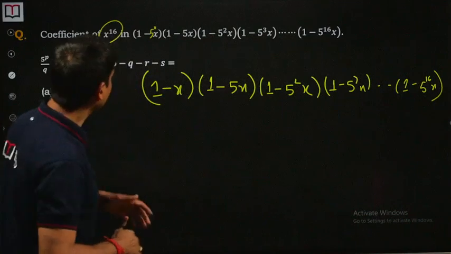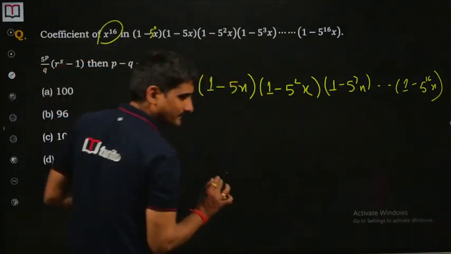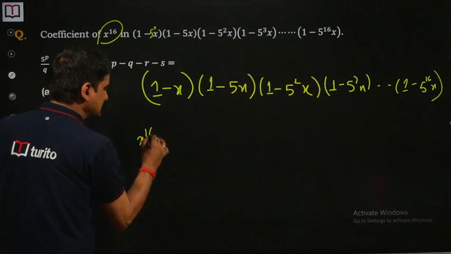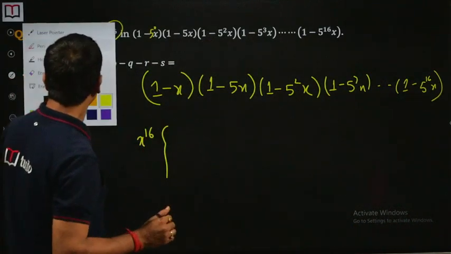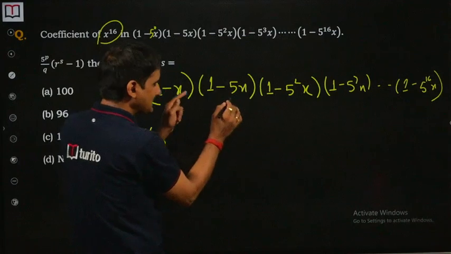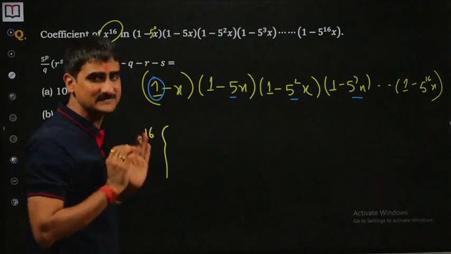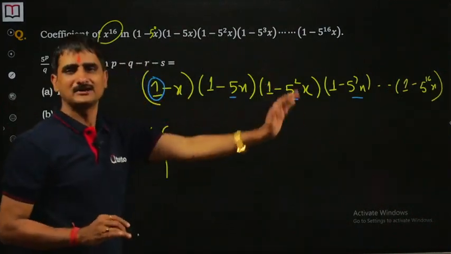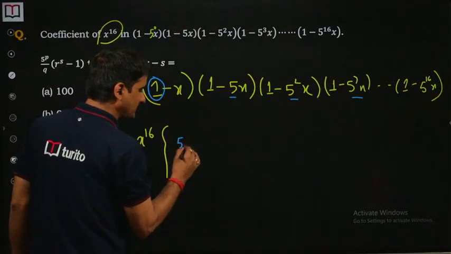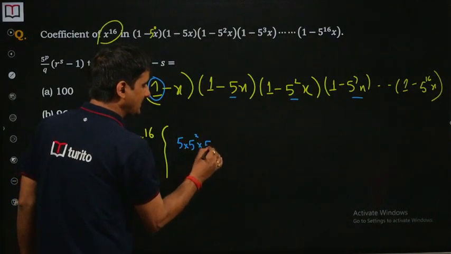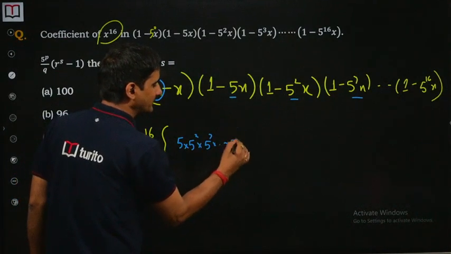So how can we do it? If I select x from every bracket, so x raised to the power 16. Try to understand, children. Then if I select 1 from the first bracket and x from the rest of the brackets, it's 5 into 5 square into 5 cube dot dot dot 5 raised to the power 16.